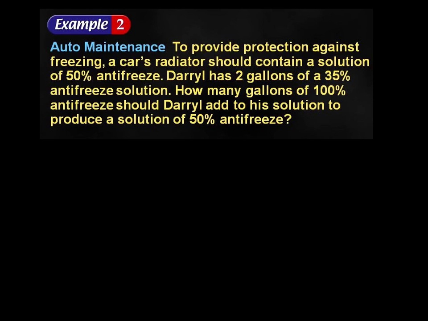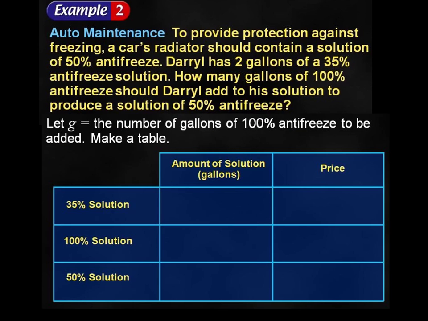To provide protection against freezing, a car's radiator should contain a solution of 50% antifreeze. Daryl has 2 gallons of a 35% antifreeze solution. How many gallons of 100% antifreeze should Daryl add to his solution to produce a 50% antifreeze solution? They let G equal the number of gallons of 100% antifreeze needed, and we're making a table.